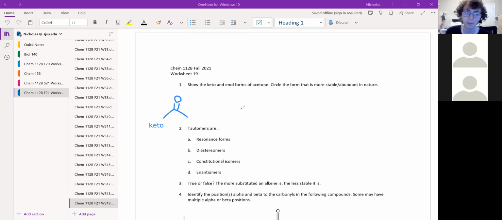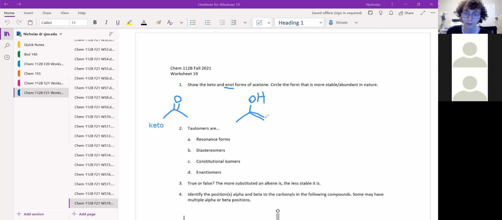What does it have in terms of functional groups? This has a carbonyl, a double bond to oxygen. So, yeah, an alcohol, and what else? That's where the OL part comes from, and yeah, a carbon-carbon double bond.